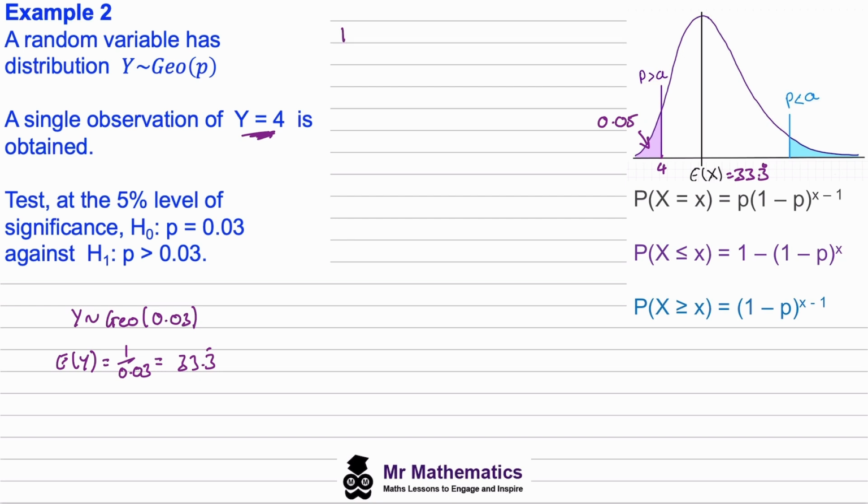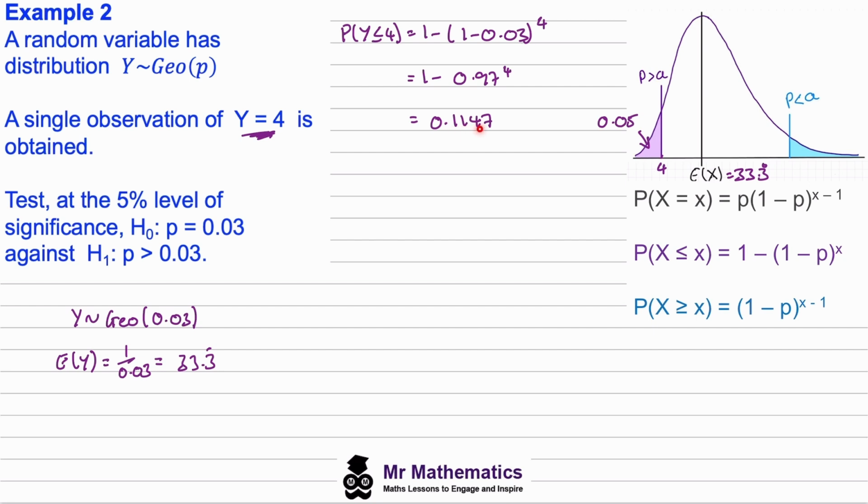So we need to find out the probability of Y being less than or equal to 4, which we can do using this equation. This will be 1 minus (1 minus p) to the power of y. So we'll have 1 minus 0.97 to the power of 4. We can work this out and we get 0.1147.